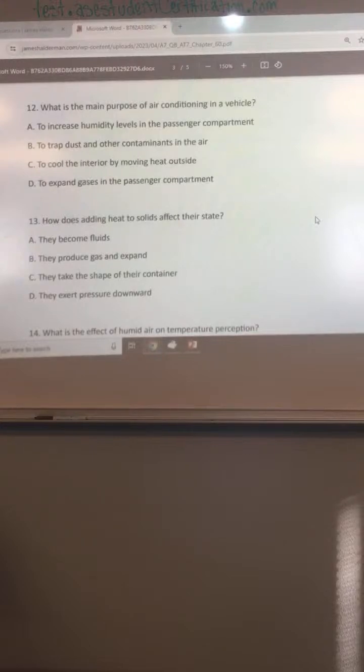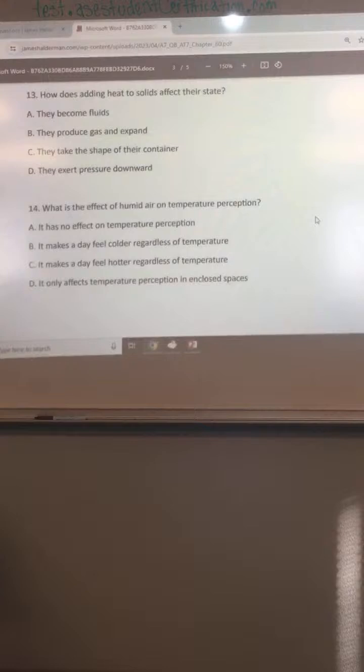I put C. C is right. How does adding heat to solids affect their state? I put B. They become fluids. A is what we're looking for for 13.